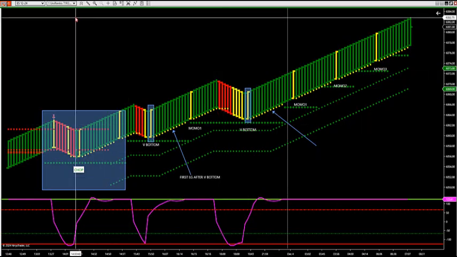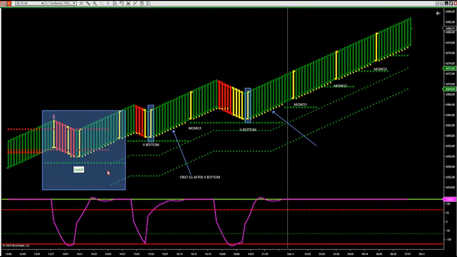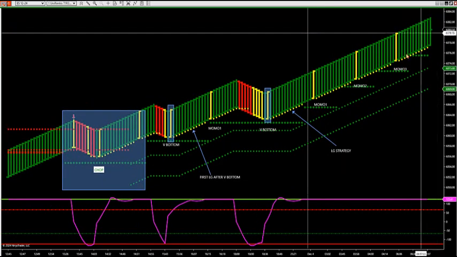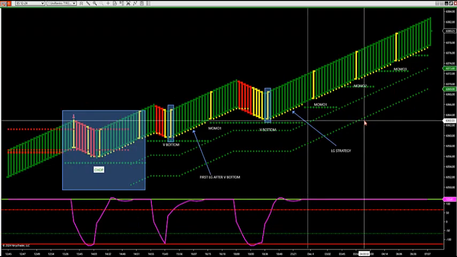Now, the first liquidity grab after the V bottom, you can let the liquidity grab trader turn the strategy on and let it do its thing. It enters on the first liquidity grab here. The first liquidity grab occurred here, and it got long, and depending on your targets, you've got a runner running right now.